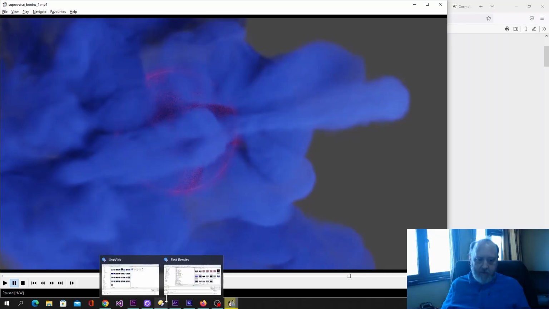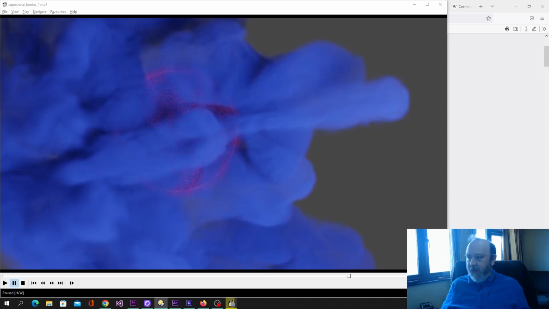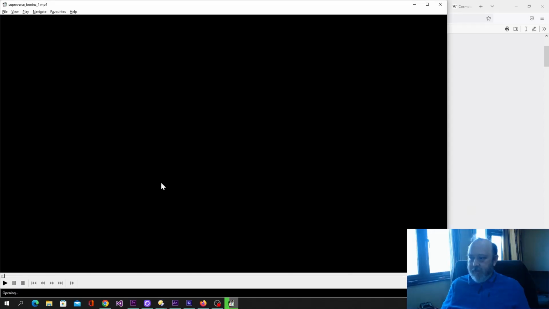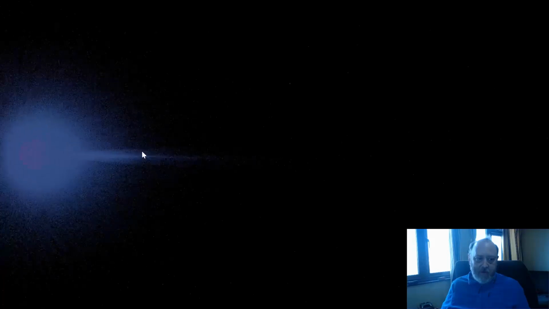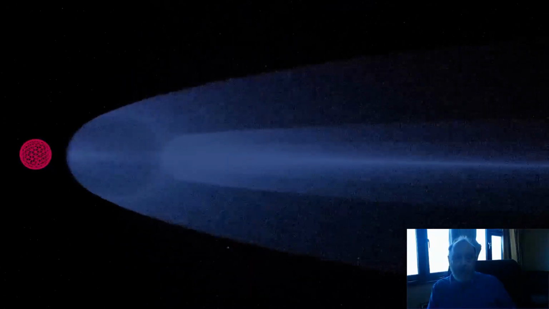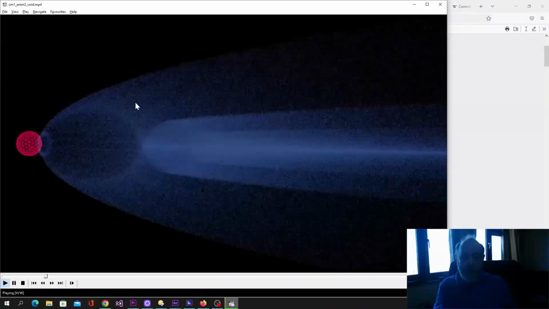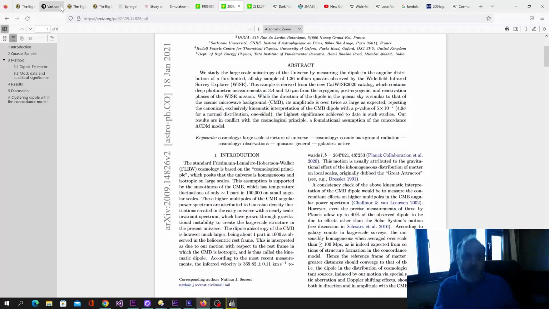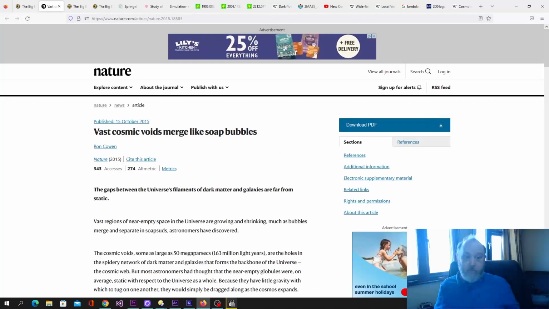And again, I use that same explanation to explain the formation of the Eridanus supervoid at the time of the CMB. See, according to the Lambda CDM model, where cosmic voids merge like soap bubbles, that takes time.